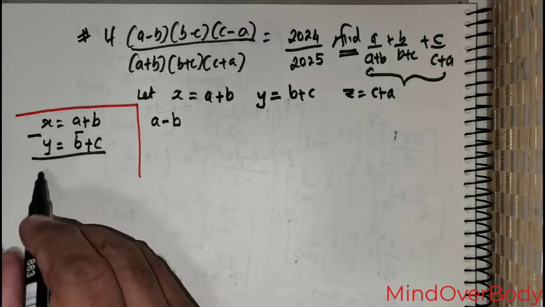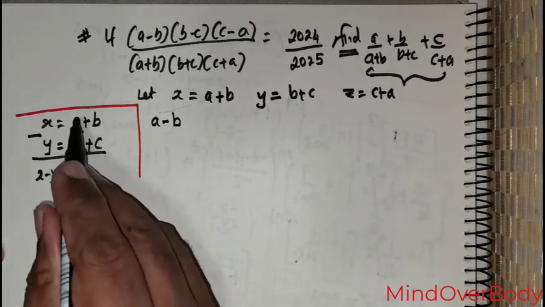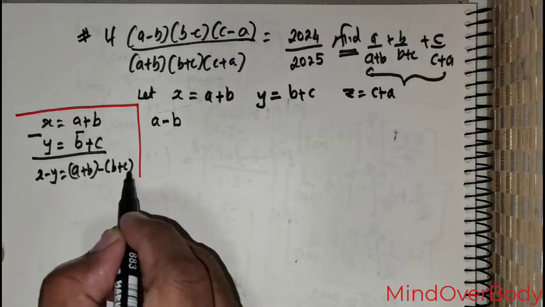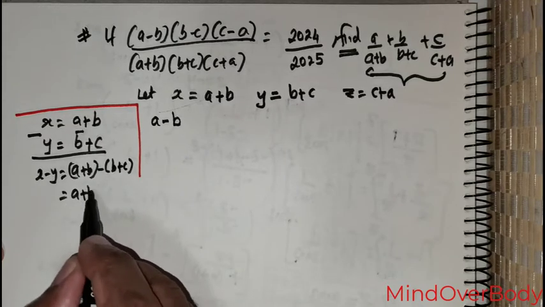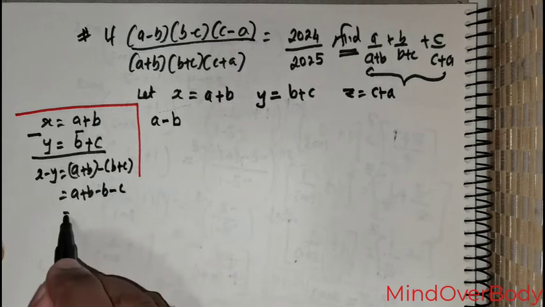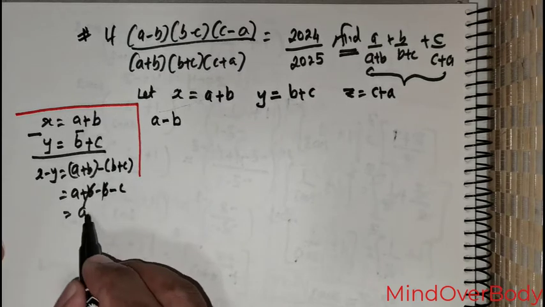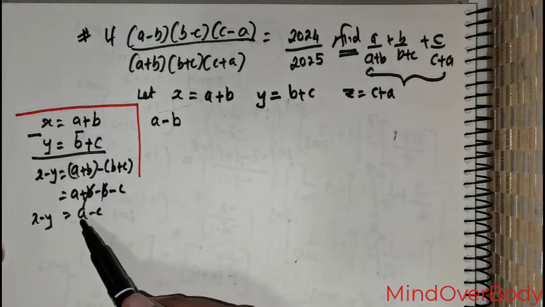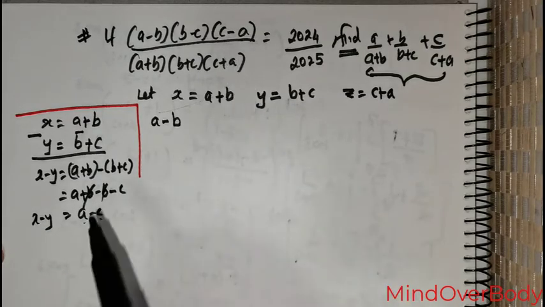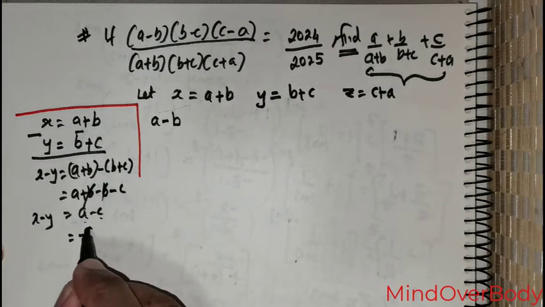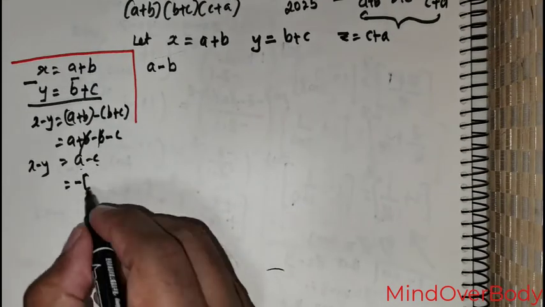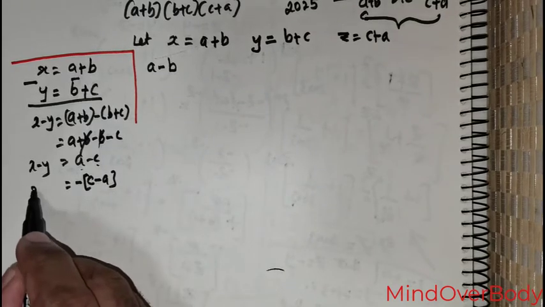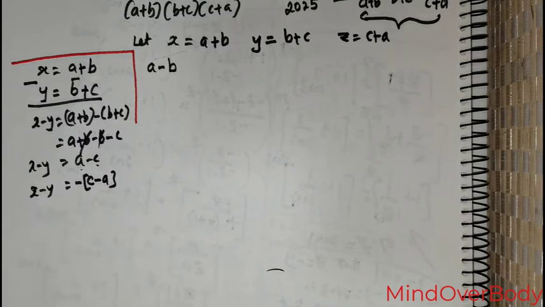If I subtract these terms, I get x−y equal to a+b minus (b+c), which is going to be a+b−b−c, which gives me a−c. On the left it's going to be x−y. Now I have a−c, but I need c−a, so if I take a negative sign out, this becomes c−a, and I get x−y on the left side.